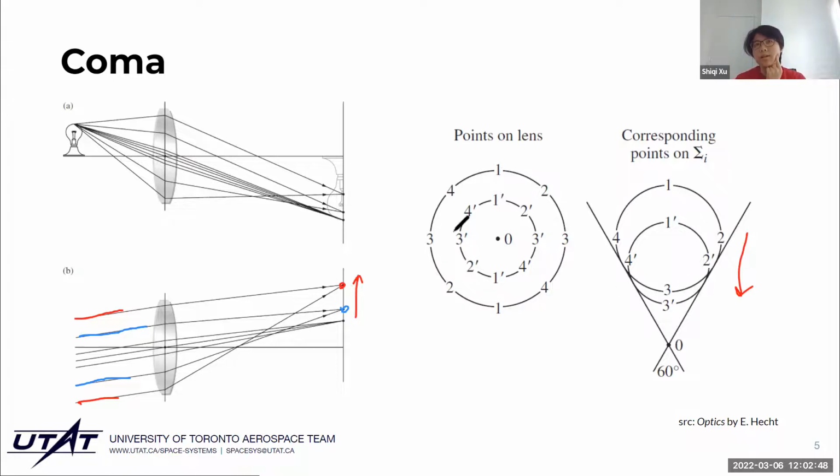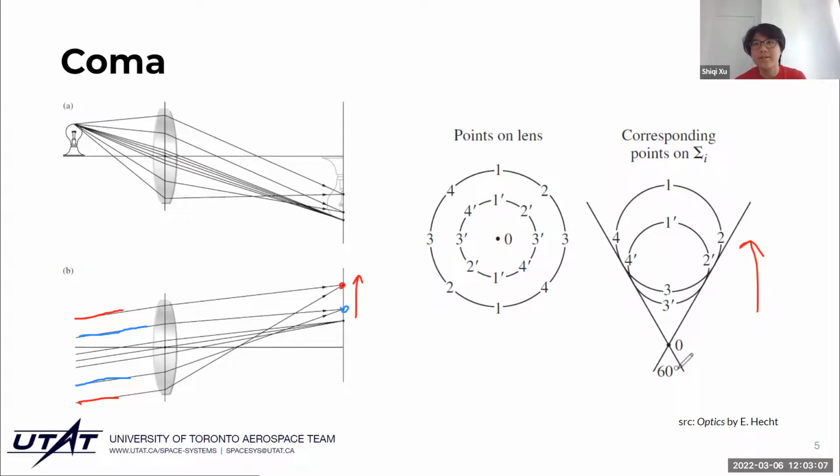Does that make sense? This is like our lens, and ideally our image would be mapped 1-to-1 like this, but instead, oh shoot, my bad. Yeah, this way.